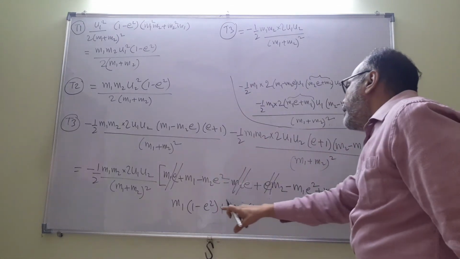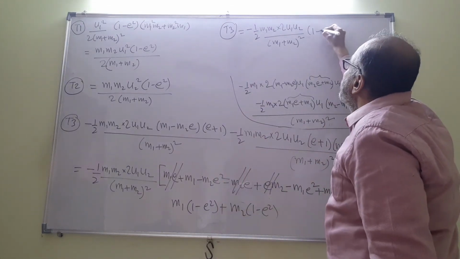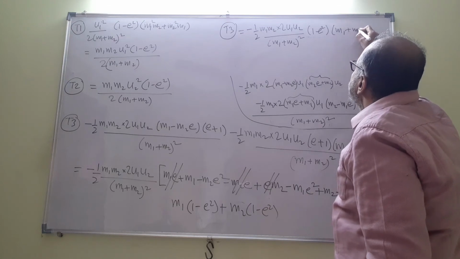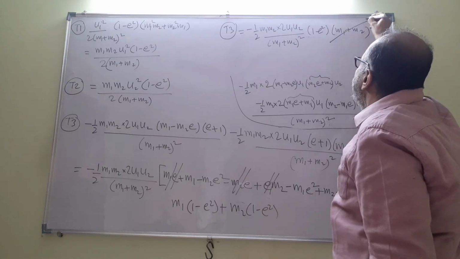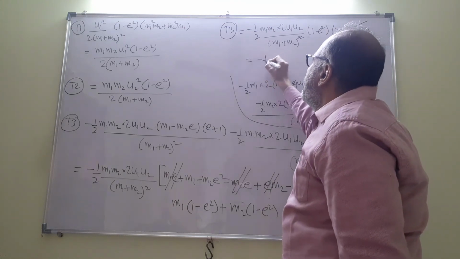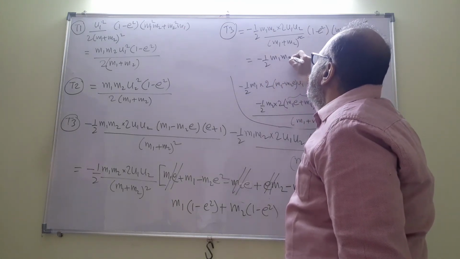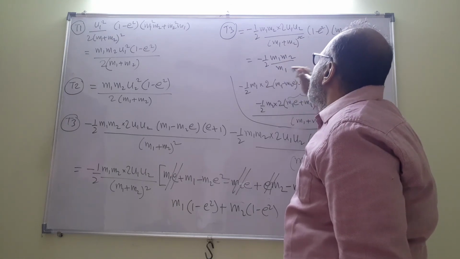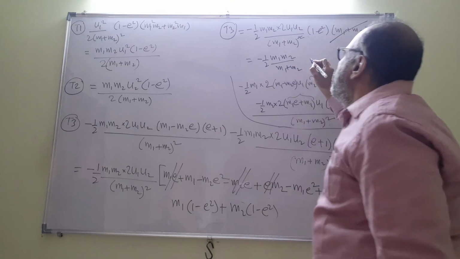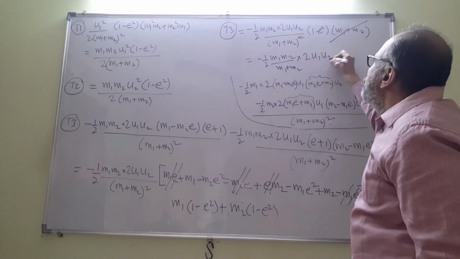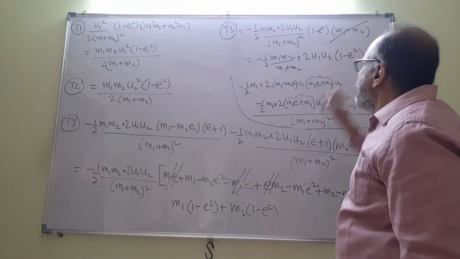Let me write this. This will be 1 minus e squared is common, and you will have m1 plus m2. So this m1 plus m2 cancels with this, and your third term is minus half m1 m2 by m1 plus m2 into 2u1 u2 into 1 minus e squared.